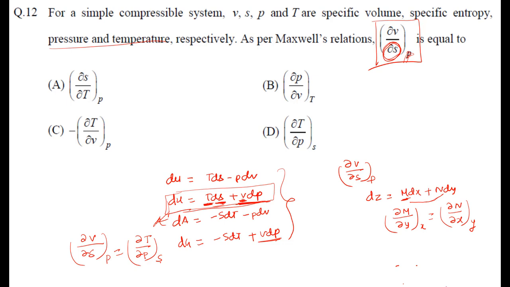The constant will be entropy, right? So you will use this equation and solve this one. So delta T by delta P at constant entropy. Which is the option? You can match the option here. Okay, it is option D.